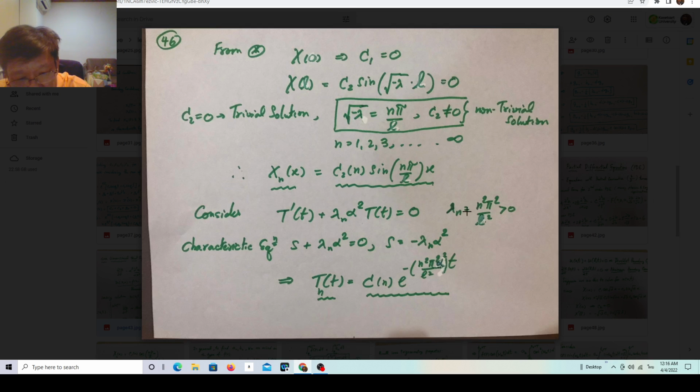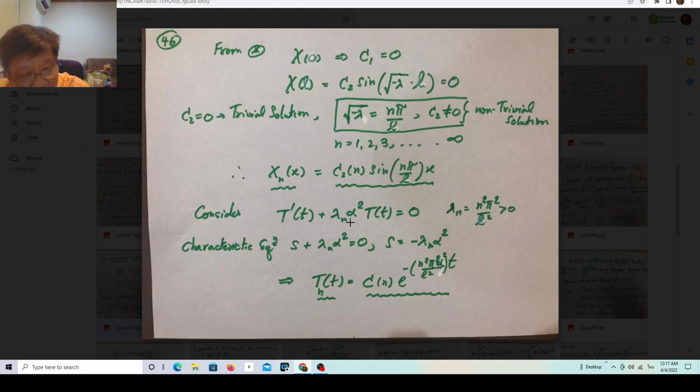Look at this lambda n here. That is equal to n squared pi squared divided by L squared. These are all positive, they cannot be negative values, right, because it's all squared. You know that alpha squared has to be a positive value.